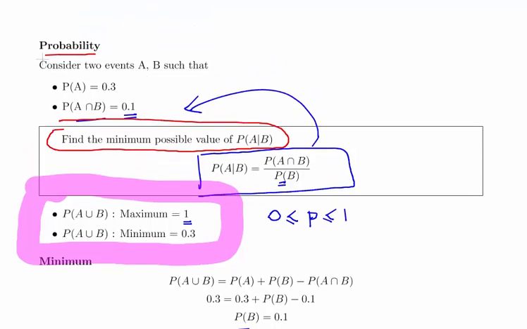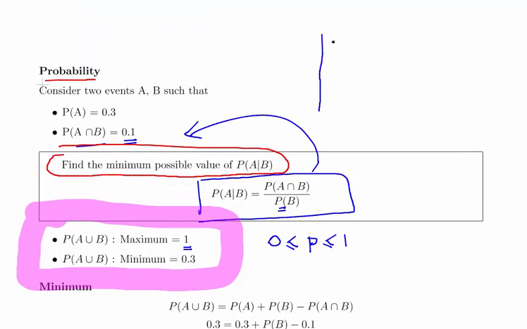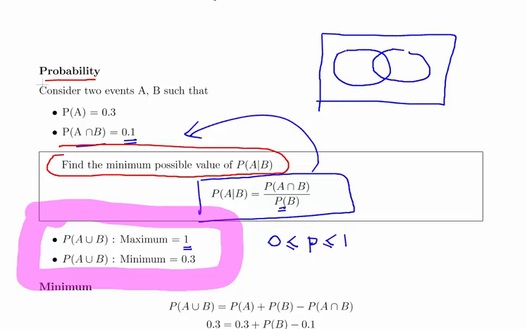Now, what is the minimum? Well, let's have a quick look at a Venn diagram here. This circle would correspond to A, and that one would correspond to B. The shaded region here is the probability of A, and the pink shaded region and the yellow shaded region together are A union B. So it's both components there.